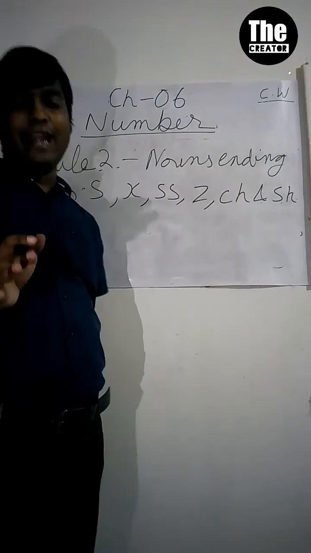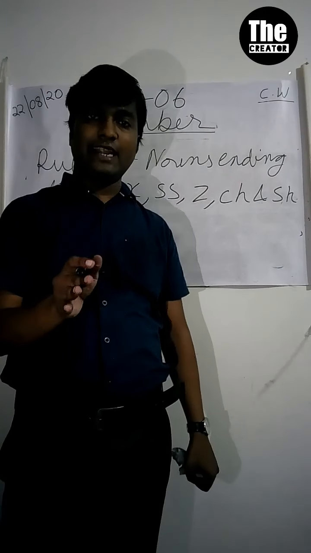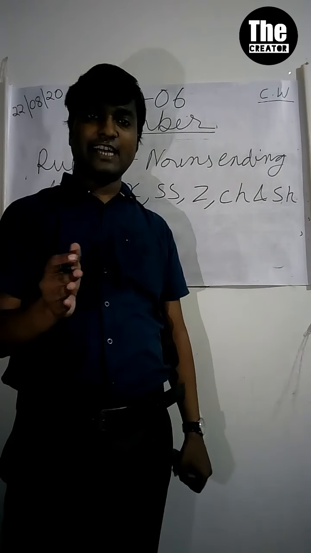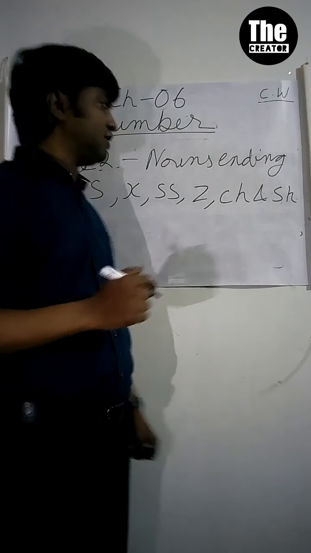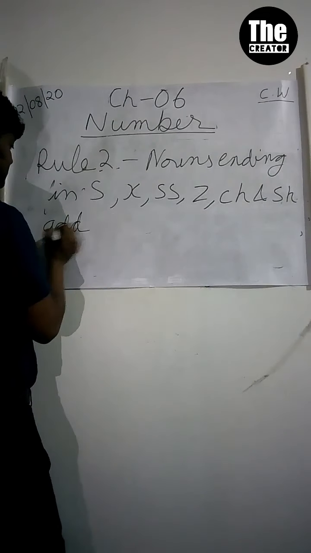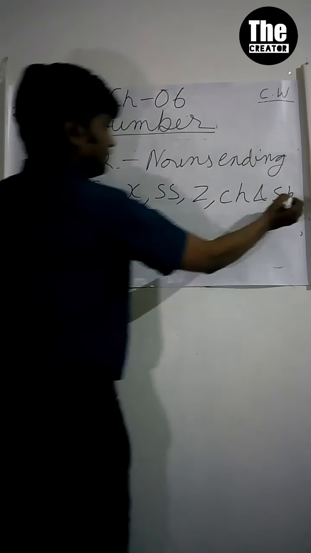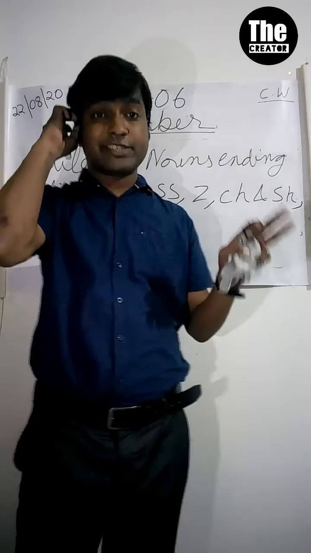So nouns ending in S, X, double S, Z, CH and SH make the plural by adding ES. Just add ES. Only add ES in this and you will see the result straight away.